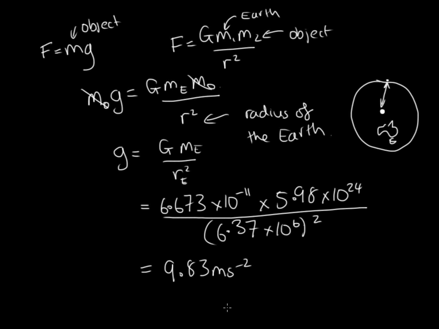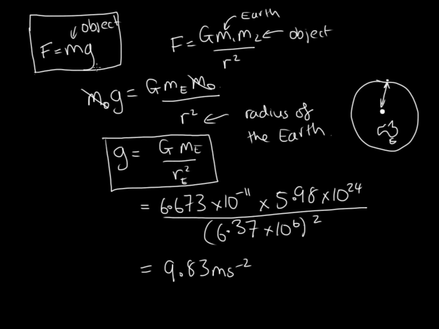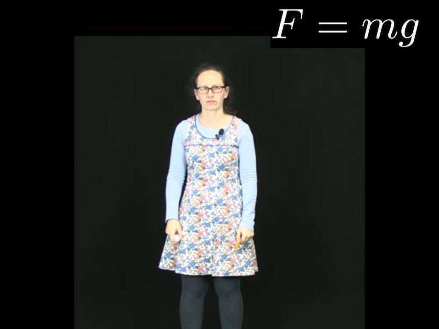And when we actually measure the acceleration due to gravity on the surface of the Earth, we do get 9.8, so that is in agreement. If you ever need to calculate the acceleration of any object on any planet or on the moon, you can simply use this formula. And to get the weight force of the object, we can simply use F equals mg with the little g for the specific planet that we're considering.